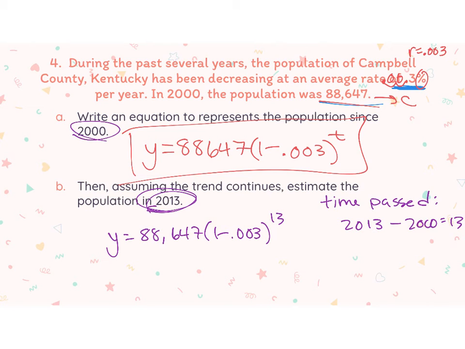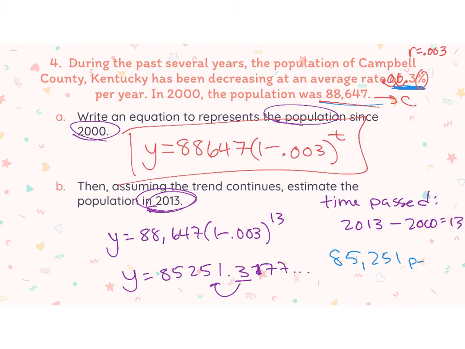Okay, 88,647 times 1 minus 0.003 raised to 13. So I get y equals 85,251.317. These are people. This is population, which means I have to round to the nearest whole. So that 3 is going to tell me to keep it the same. So I would label this as 85,251 people.